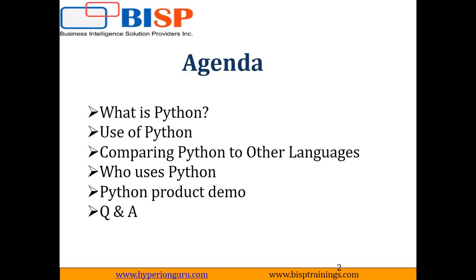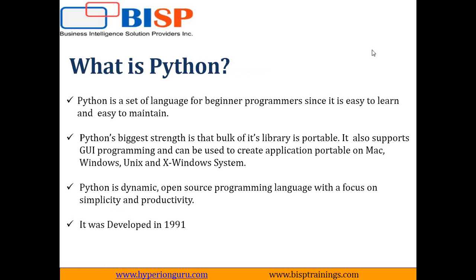Even if you don't have any programming background, and you are from any other technology and you are planning to switch to programming, this would be the easiest language to work on compared to other programming languages, because in this we can write very strong programs by using very few lines of code. We'll do the comparison of Python with other programming languages in later slides.